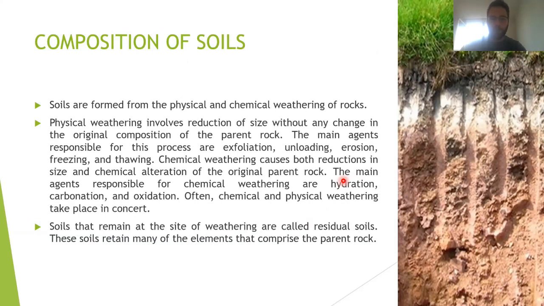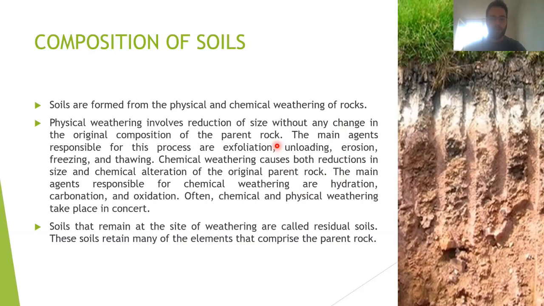Chemical weathering causes both a reduction in size and chemical alteration of the original parent rock. The main agents responsible for chemical weathering are hydration, carbonation, and oxidation. Often, chemical and physical weathering take place in concert.